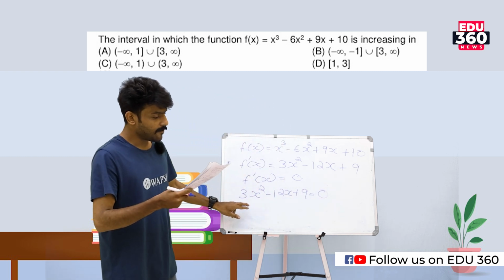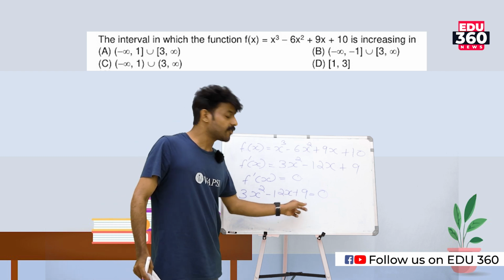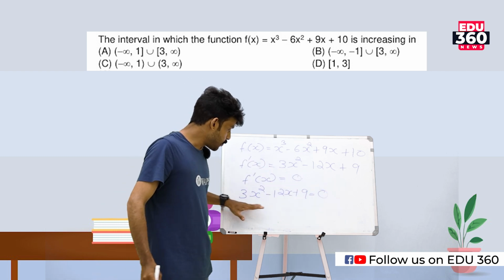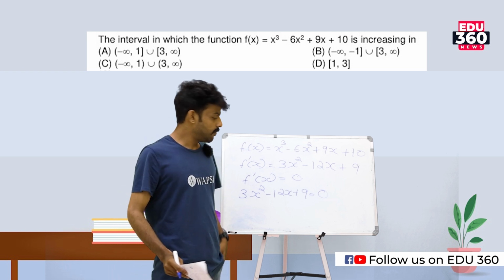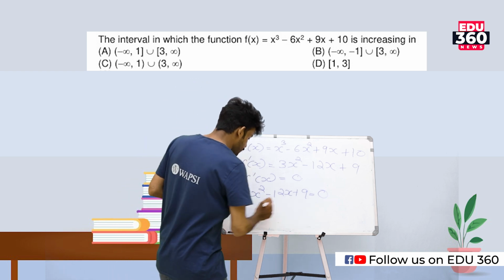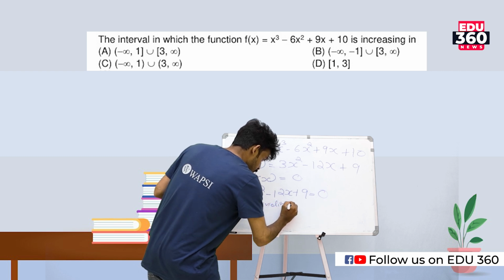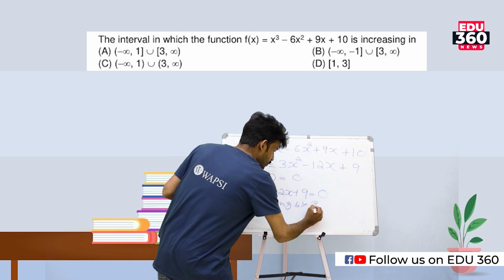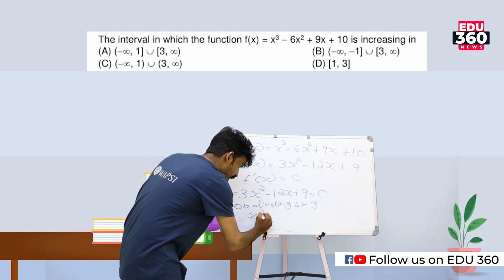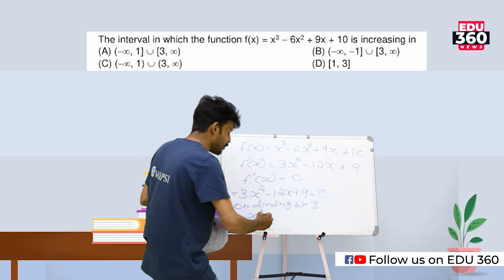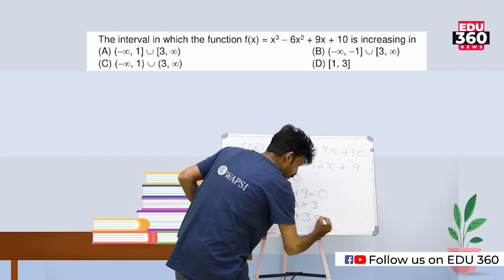Now look here, 3x square minus 12x plus 9 is equal to 0. For the entire equation, we can divide it by 3. On dividing by 3, it will become x square minus 12 by 3, that means 4x, plus 9 by 3, that is 3, is equal to 0.